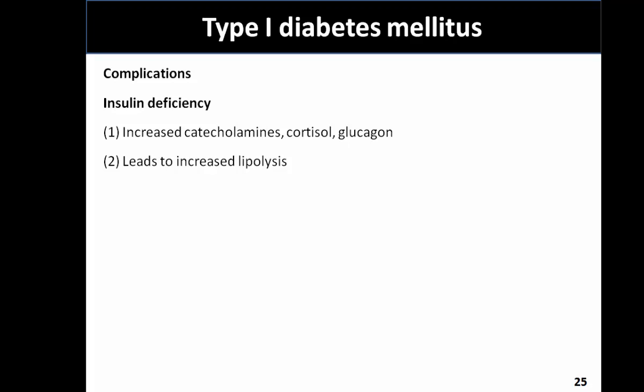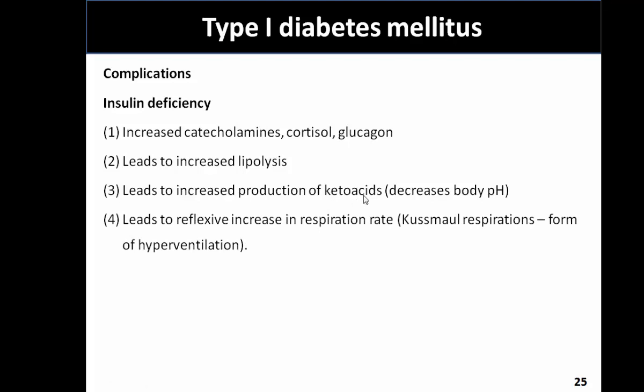Insulin deficiency: without insulin, the inhibitory effect on the enzyme that breaks down fatty acids in fat cells is not there, so that will increase lipolysis, the breakdown of stored lipids. And because lipid breakdown increases and muscle protein breakdown increases, a byproduct of those is an increase in these small 2-carbon compounds called keto acids.